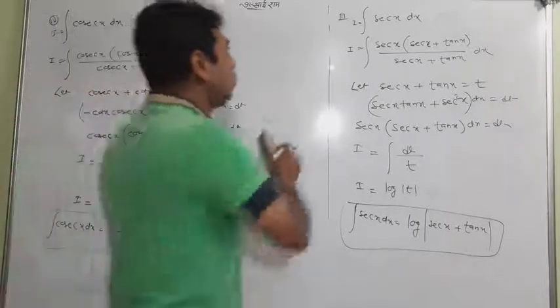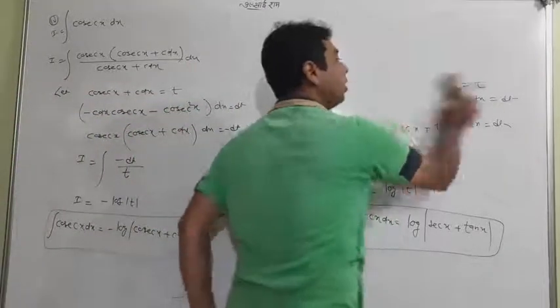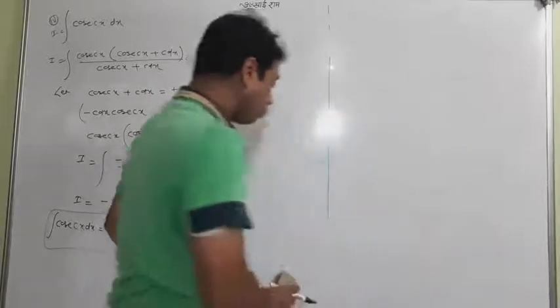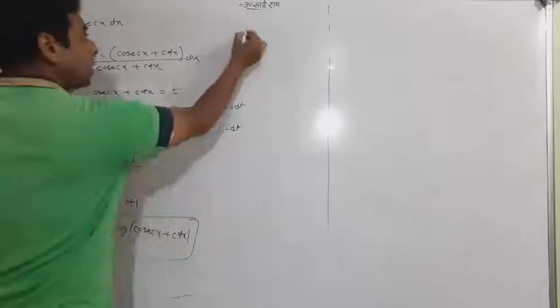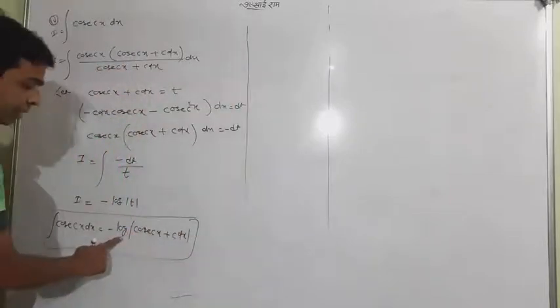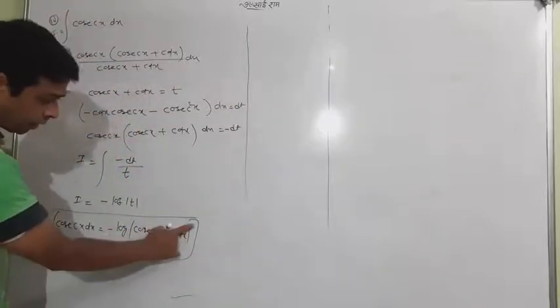So in the second formula, I wish to remove this minus sign, and how we can remove the minus sign, you know it. Because it is a log, I will shift this minus into the power.